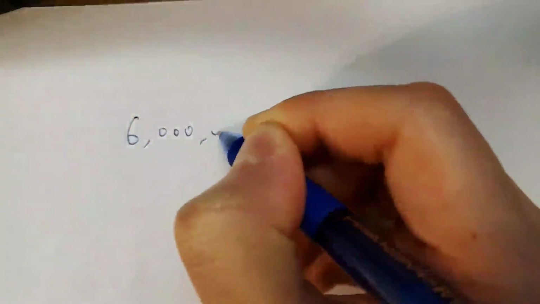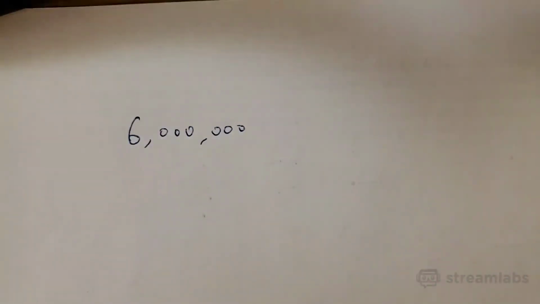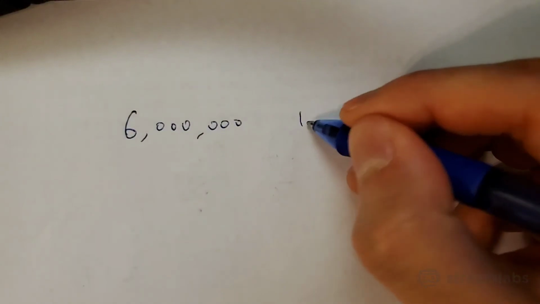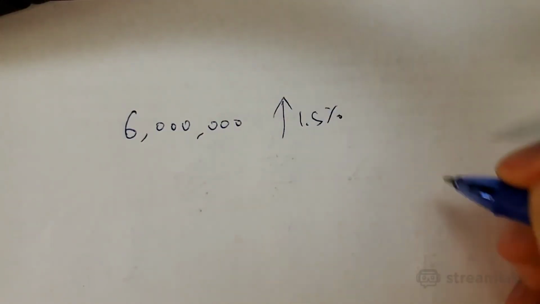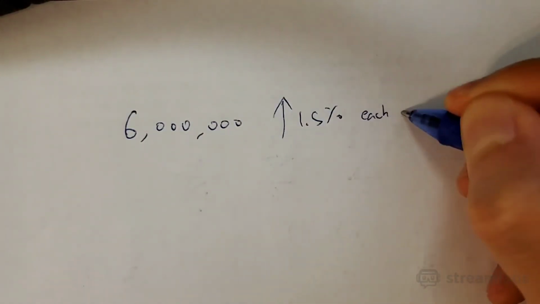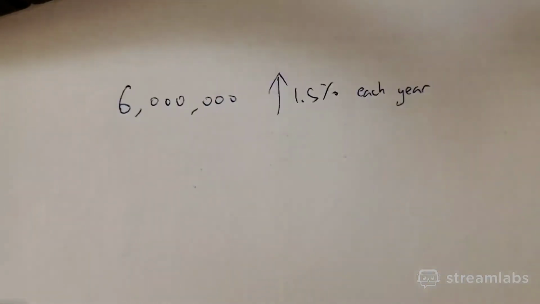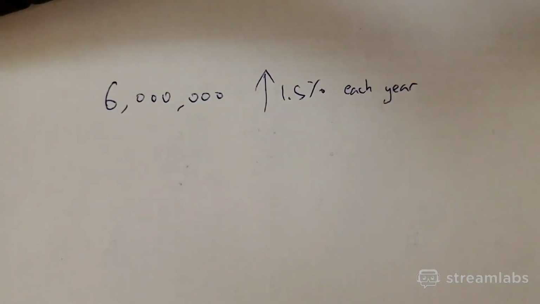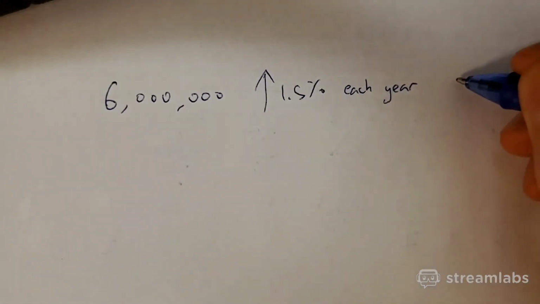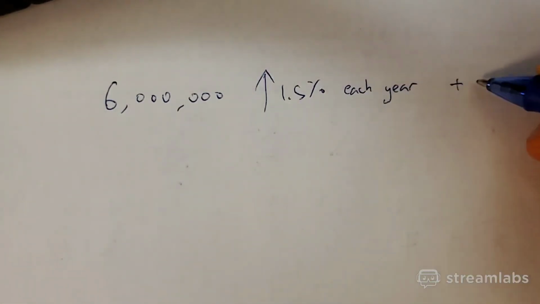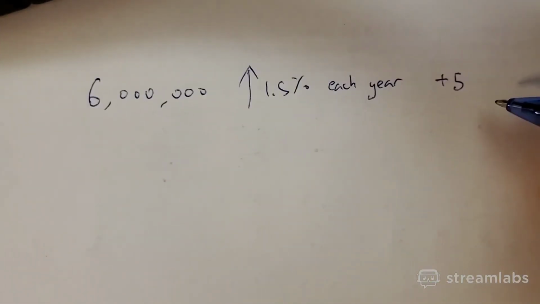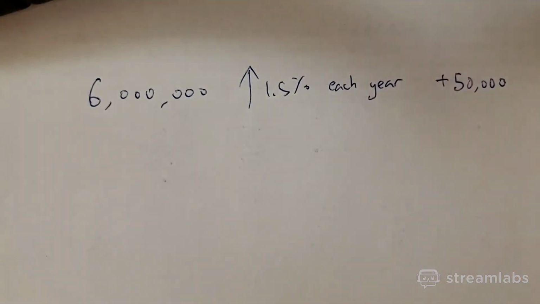So it says you start with 6 million people, that one. Population 6 million, and it grows 1.5% each year. And then you have an additional 50,000, right?